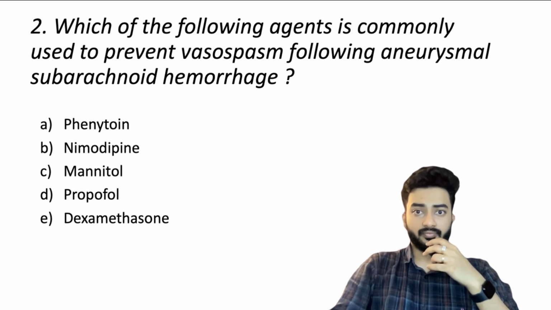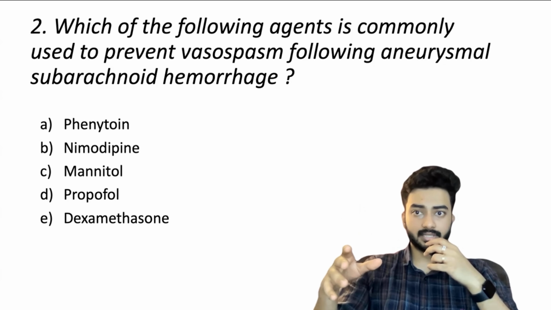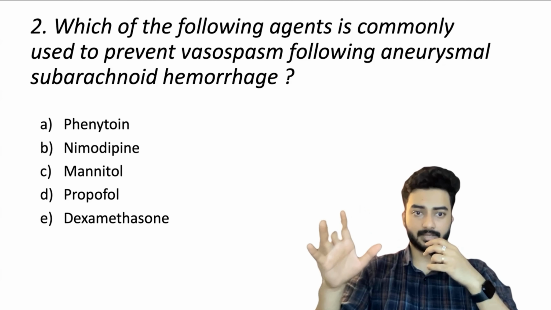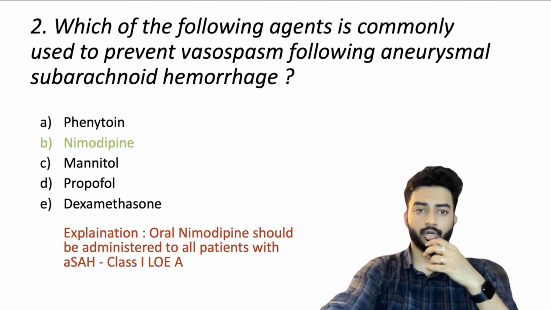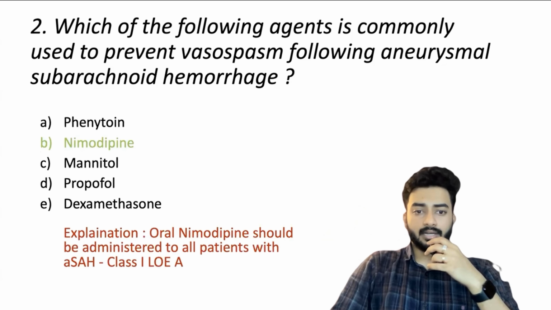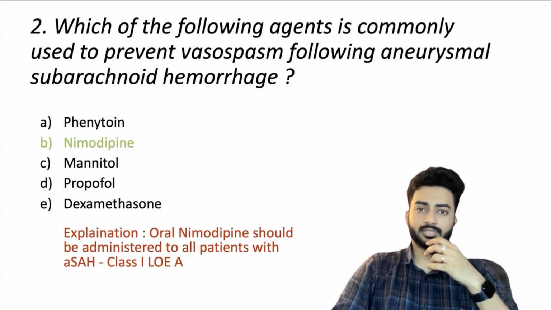But which agent among these is used to prevent vasospasm? The answer is B, nimodipine, and it is a class 1, level of evidence A, that oral nimodipine should be administered to all the patients with aneurysmal SAH.